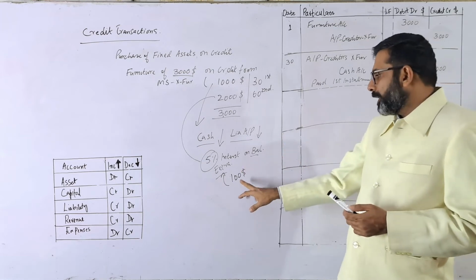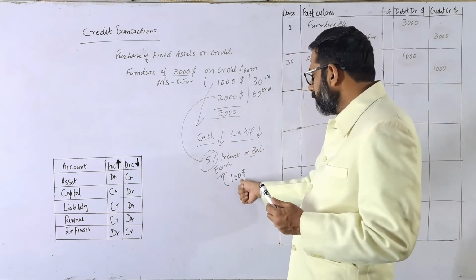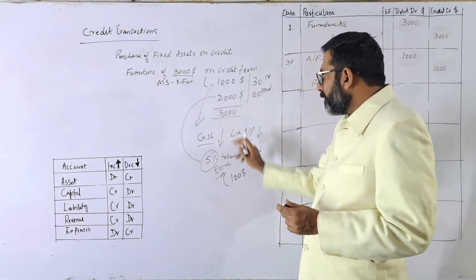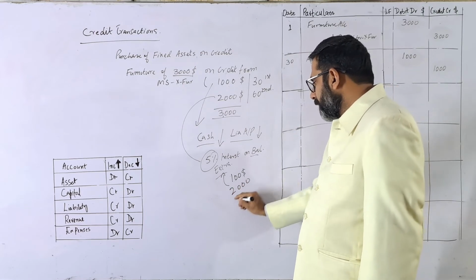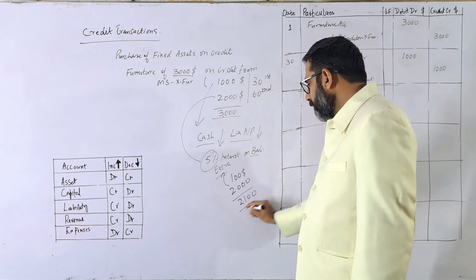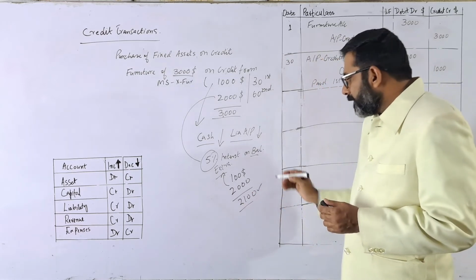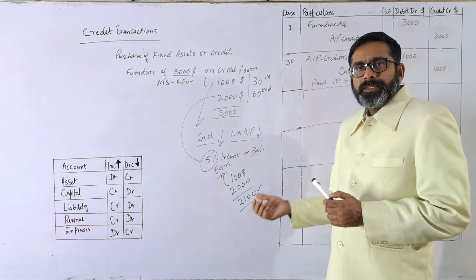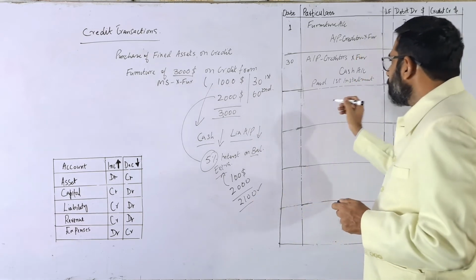But we just assume the extra amount you are paying is $100. So now you have to pay $2,000 as the principal amount and $100 as interest. The total payment is $2,100. So this is the second possibility.